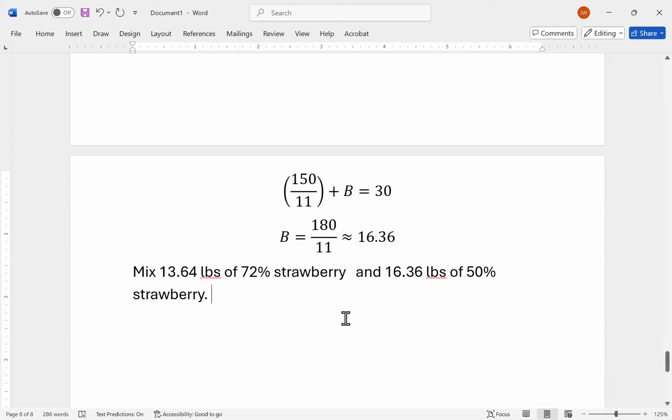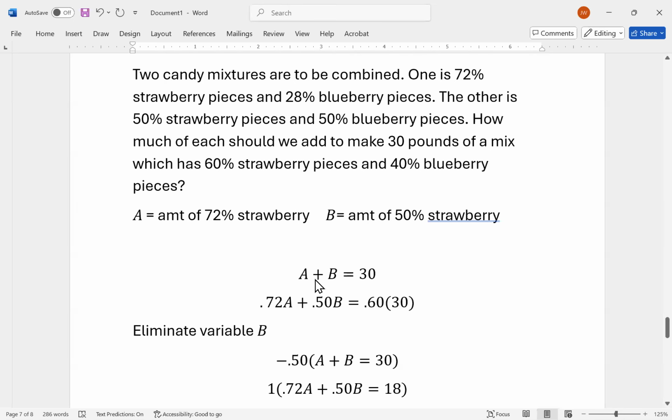And that'll give you the correct amounts that you want. You can always check that by plugging it into both equations and seeing that those answers give you the correct answer. So there you go.